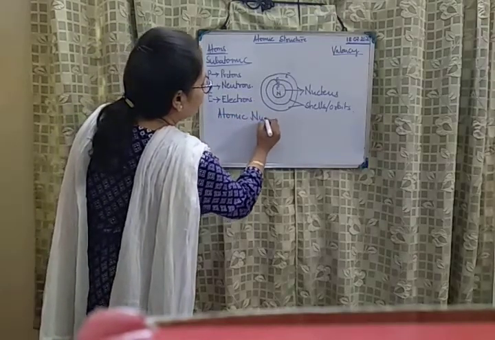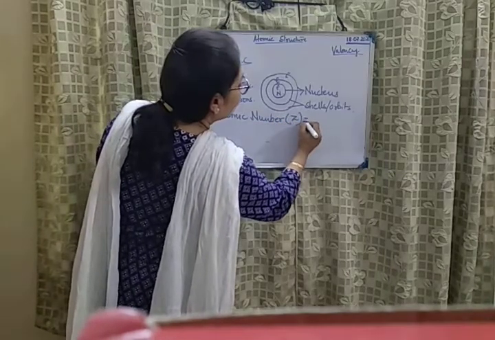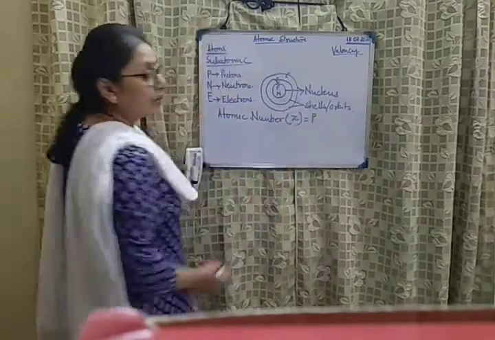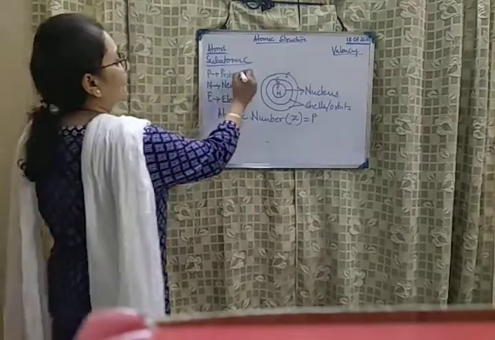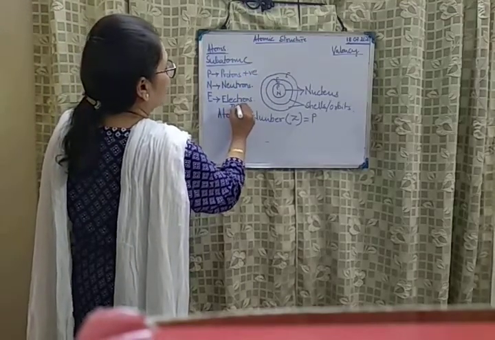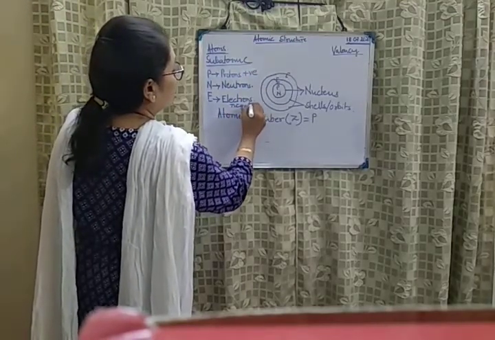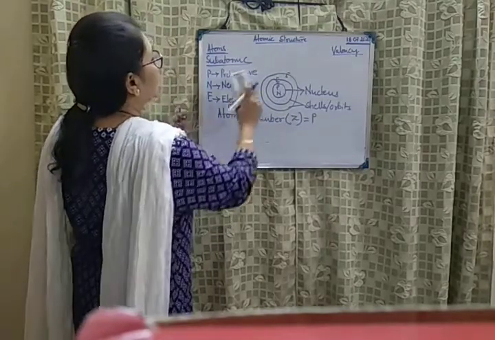Atomic number is indicated by the letter Z. This is equal to the total number of protons present in an atom, that is, the positively charged particles. Electrons carry a negative charge and neutrons are neutral.